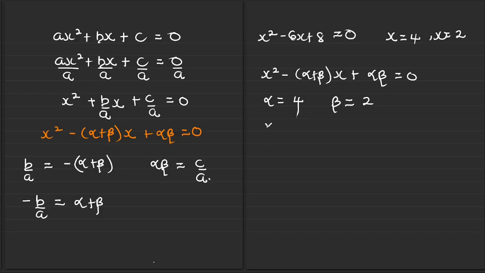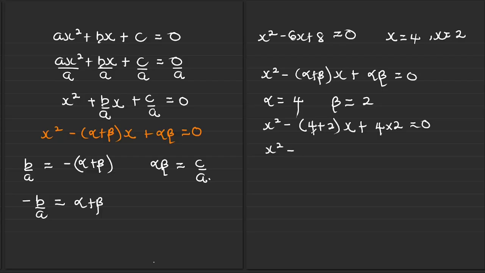With that, we have x squared minus, so it says alpha plus beta, that is 4, which we are saying is our alpha, plus 2, with our x, and then plus alpha beta, so that is 4 times 2, equals 0.